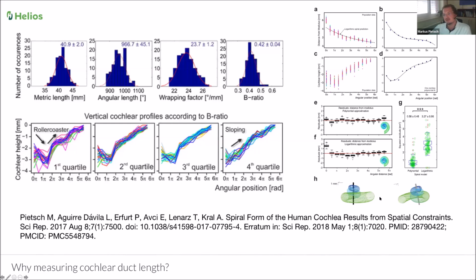So you have the diameters in the basal turn, the A value and the B value.